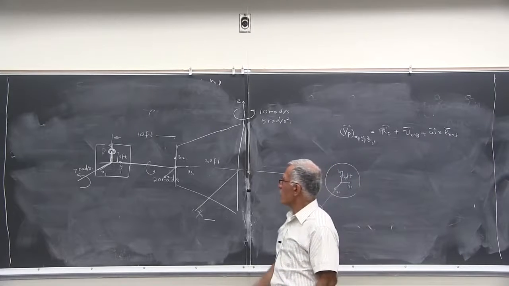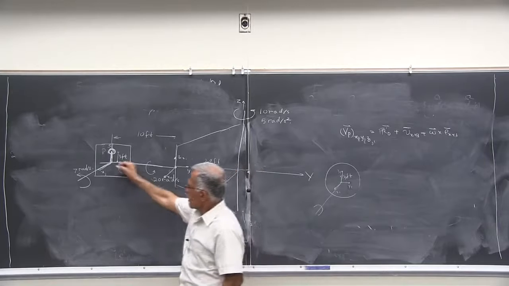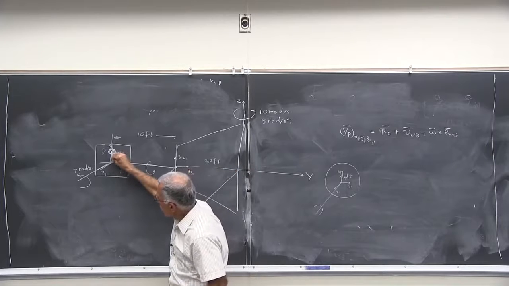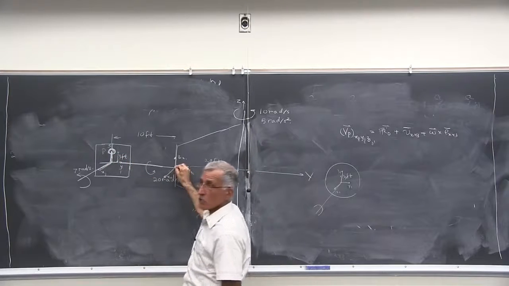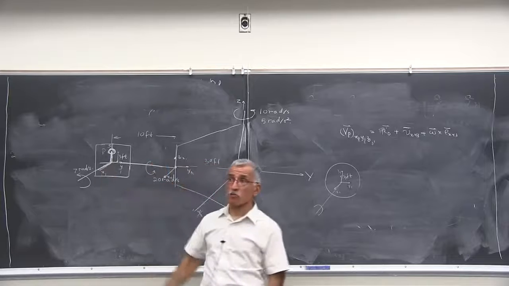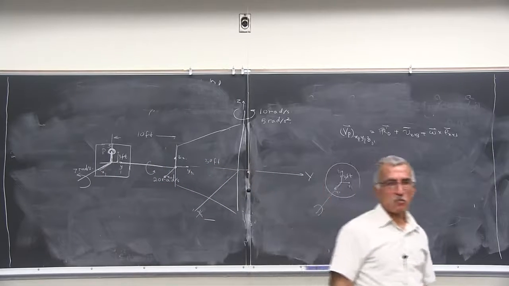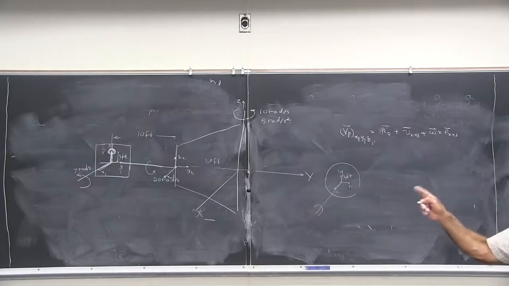All right. So let's go ahead from here. What is the velocity of this coordinate with respect to this coordinate? The point O. Forget about the astronaut. What is the velocity of the x1, y1, z1 auxiliary coordinate system with respect to x2, y2, z2? Can somebody tell me what that velocity is?